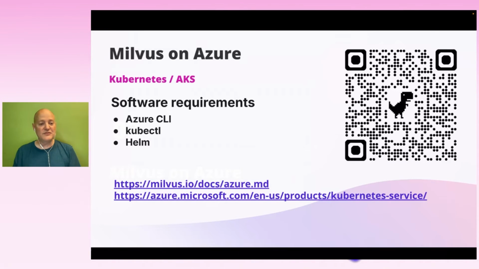You just use the standard tools that you expect, the Azure CLI, kubectl, and Helm. All the Helm charts and Kubernetes materials are available in the open source, so it's pretty easy to run this, and it's fully documented. And there's also documentation on the Azure site. So pretty easy for you to run an environment this way.